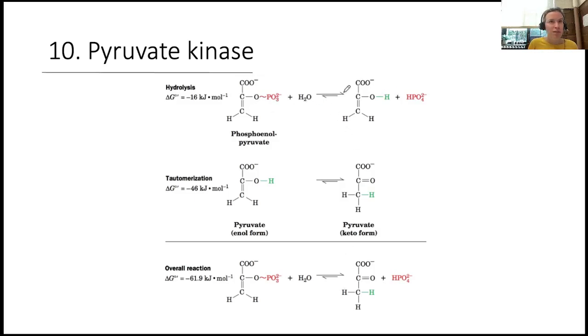So it's not really this hydrolysis that's the biggest deal. Yes, it releases energy. But look, if you wanted to be convinced that the keto form of a molecule is more stable than the enol, this is the reaction to convince you. Because simply by going from enol to keto, we release an additional almost 50 kilojoules per mole.